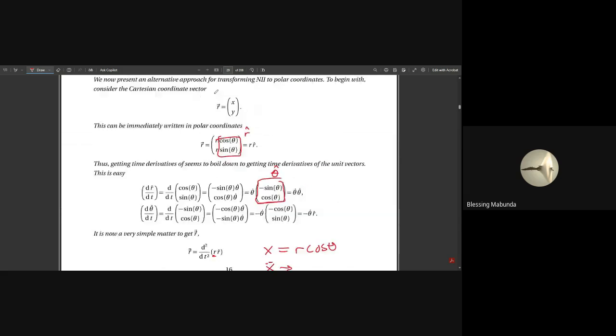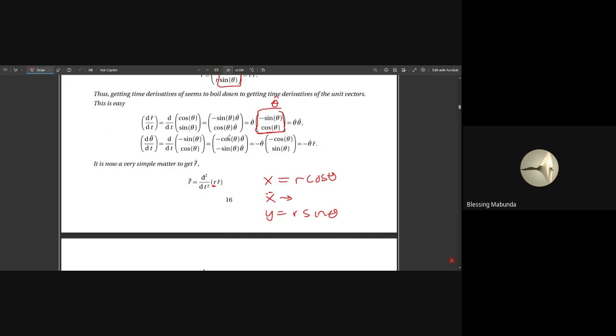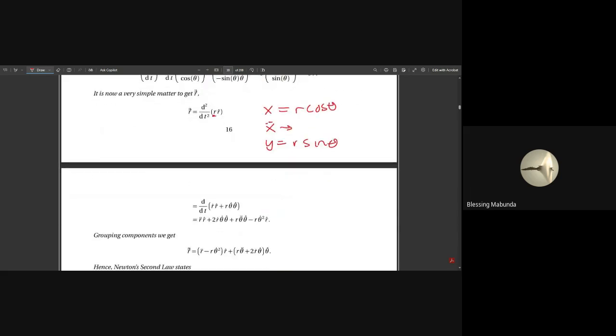Our definition for r hat here is cosine theta, sine theta, and that's r theta dot multiplied by theta hat.